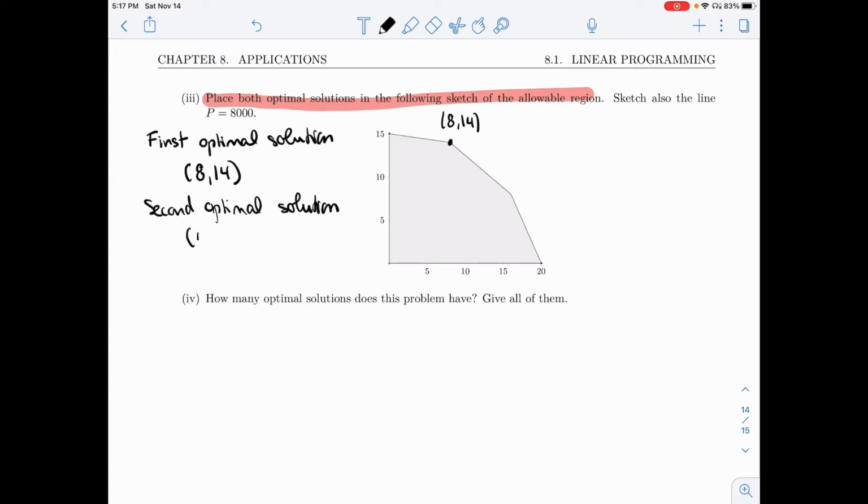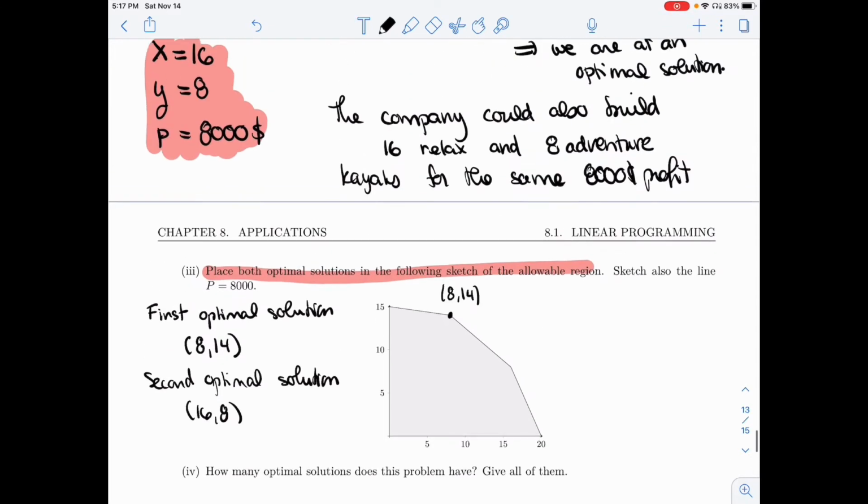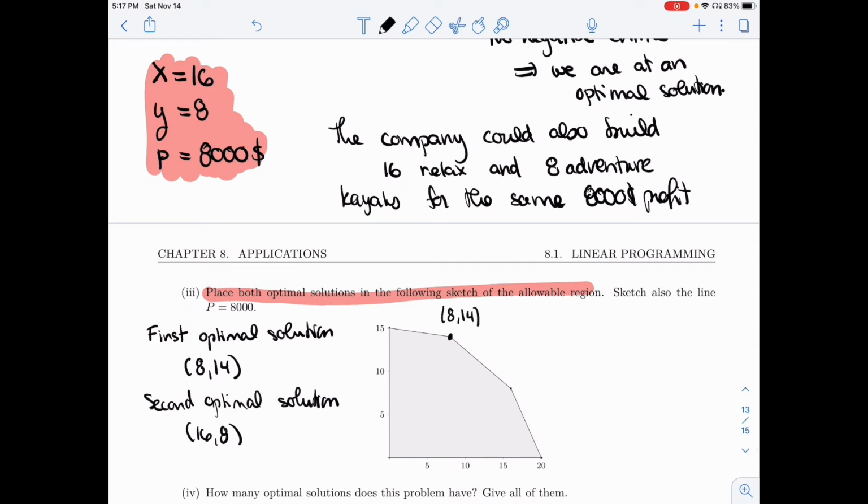We'd found 16 and 8 right here. 16 and 8 would be this point. All right, and we're told to sketch the line P equals 8,000. Well, this point gives us P equals 8,000. This point gives us P equals 8,000.